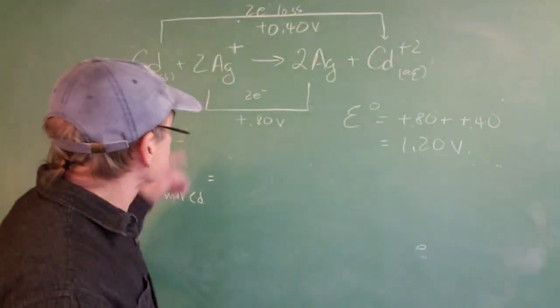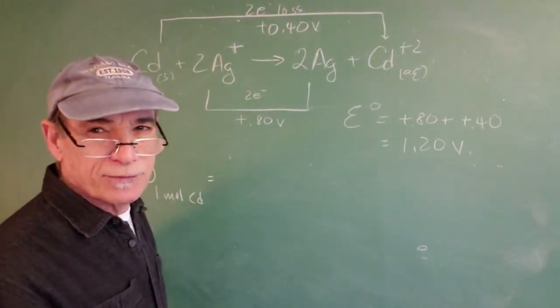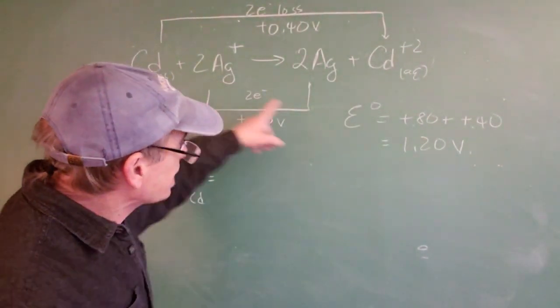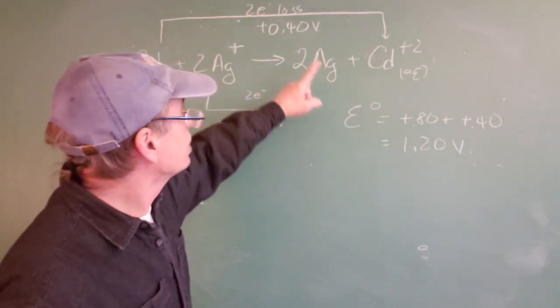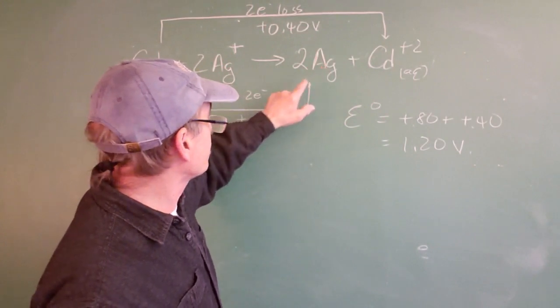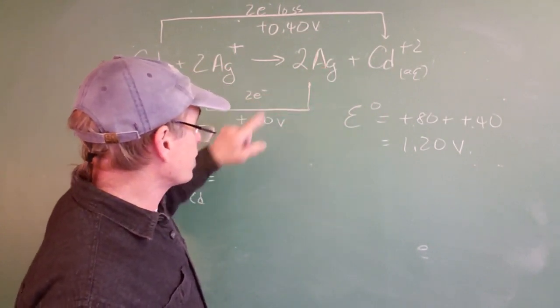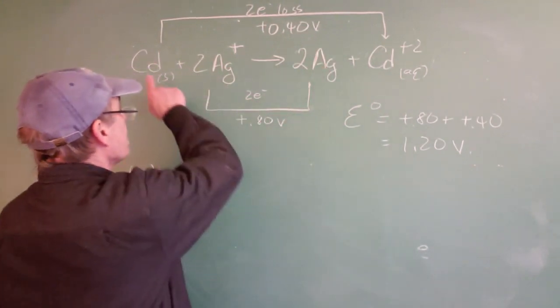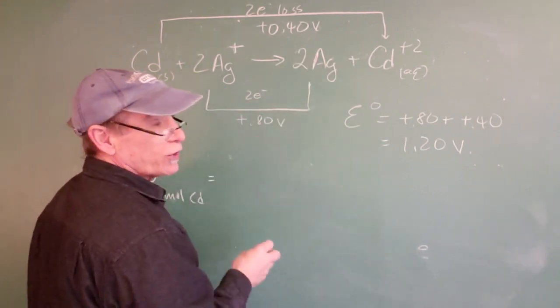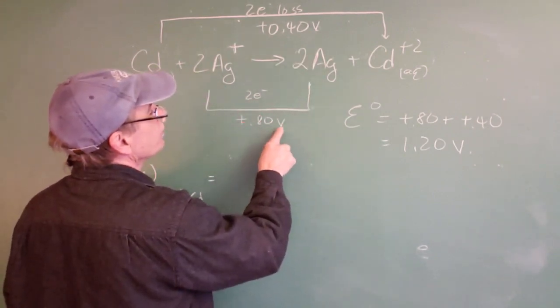Okay, well, let's look at the battery we looked at earlier, the cadmium-silver battery. Now here's the overall reaction. Cadmium being oxidized to cadmium plus 2, loss of 2 electrons, 2 silver plus 1s going to 2 silver metals, a gain of 2 electrons. Now it turns out that the silver reduction potential, when we look it up in table 20.1, is positive 0.80 volts.